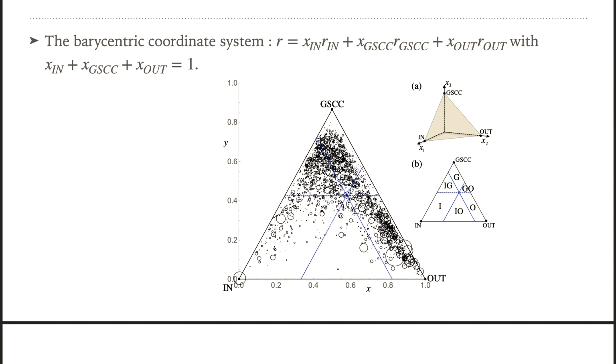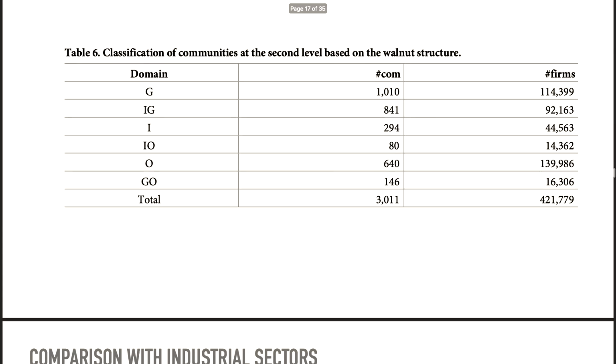But there are many communities which are hybrid communities, belonging to this group of in component and GSCC component. Here we have the table to show how many firms there are. In the G domain we have around 1000 communities, and it constitutes around 100,000 firms, and IG we have 800, whereas exclusively I it is just 200, which is the lowest of these.